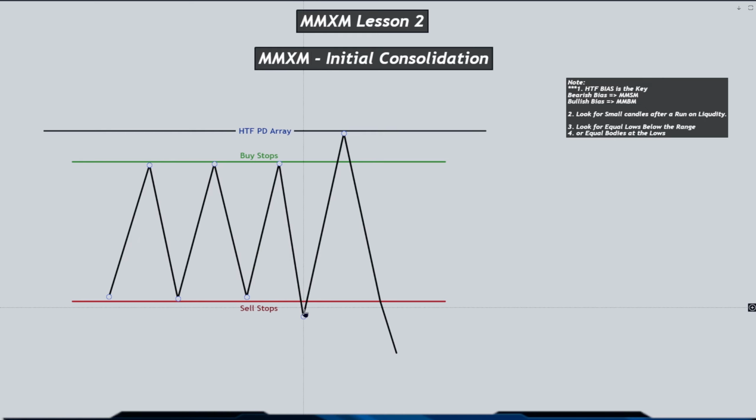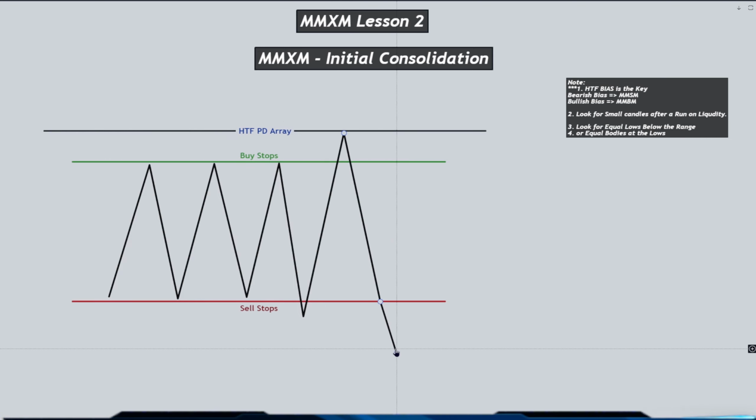When they're putting their stop loss or buy stops above the consolidation or initial consolidation range, smart money, or the algorithm, will push the price higher to pair the buy stops with the smart money sell orders from a higher time frame PD array.